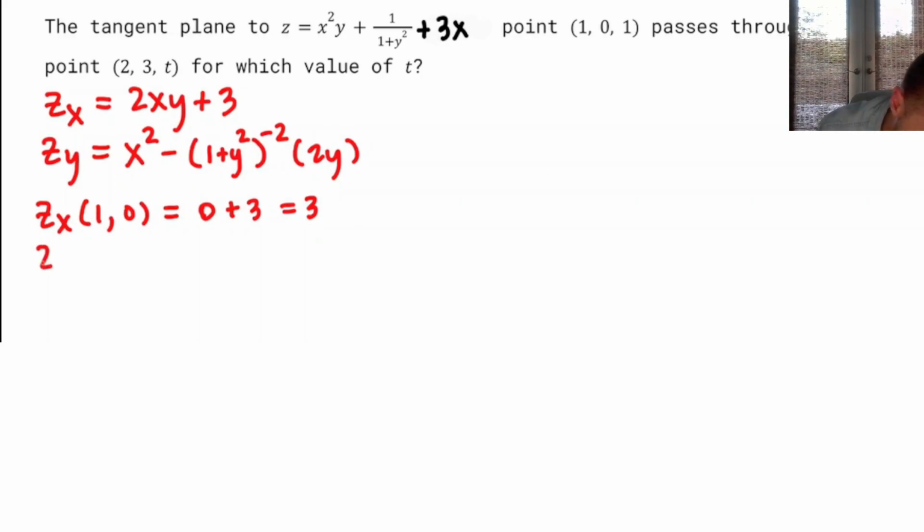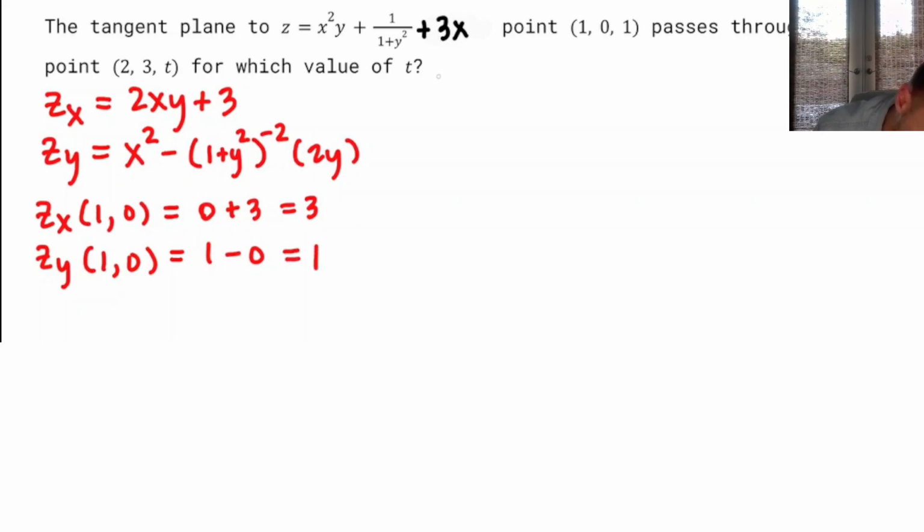So zy at the point where x is 1 and y is 0 is going to be x squared is 1 minus 1 plus 0 to the negative 2 power times 0. Well, that's all going to be 0. So that's going to be 1 minus 0, which is 1.